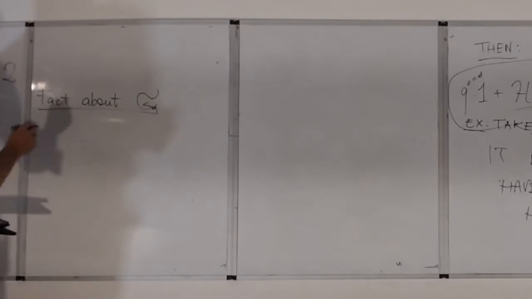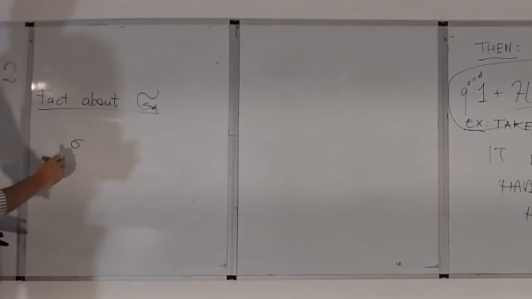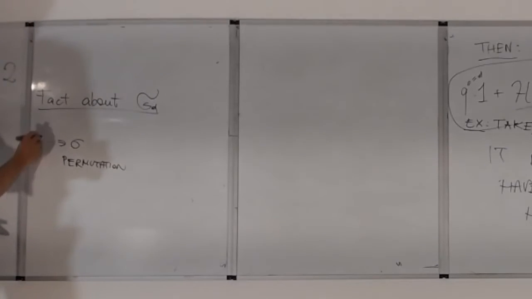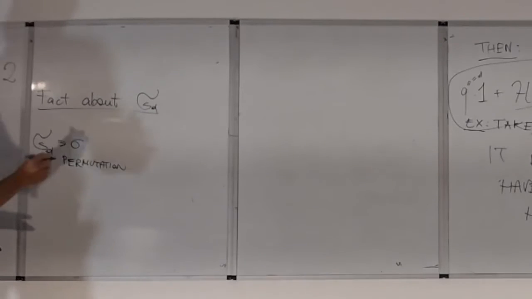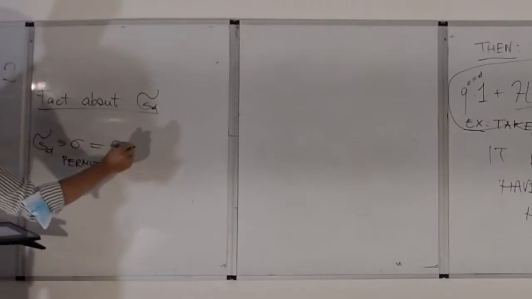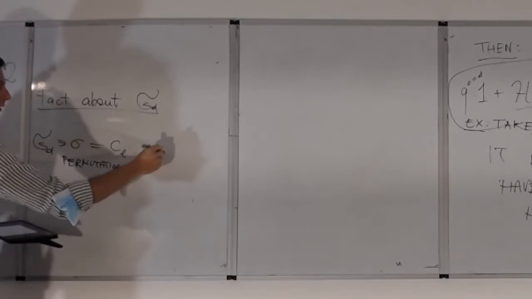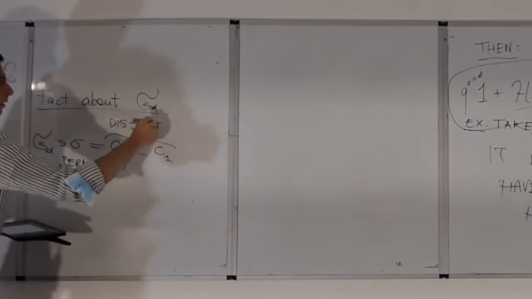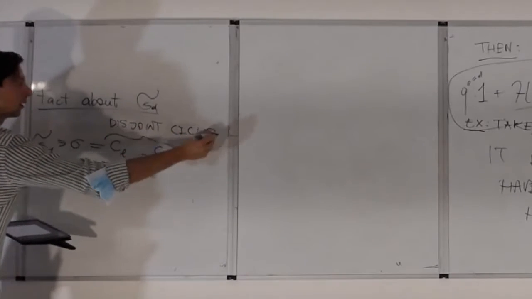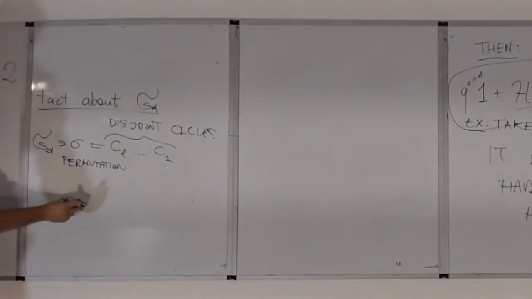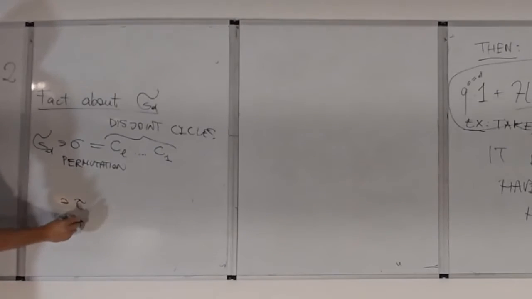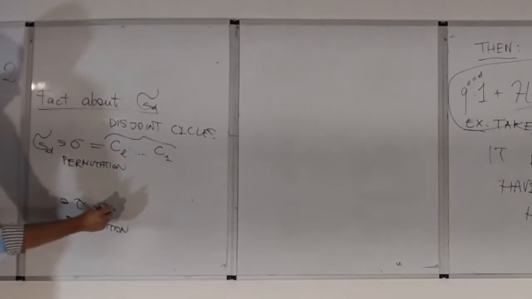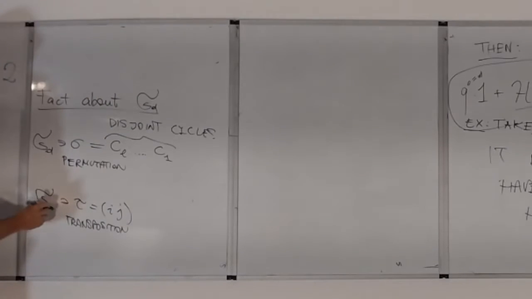I have a simple question: what if you take a permutation in S_d, and then write it in disjoint cycles? These are disjoint cycles. And now take a tau, that is a transposition, so this is just swapping i and j in S_d.